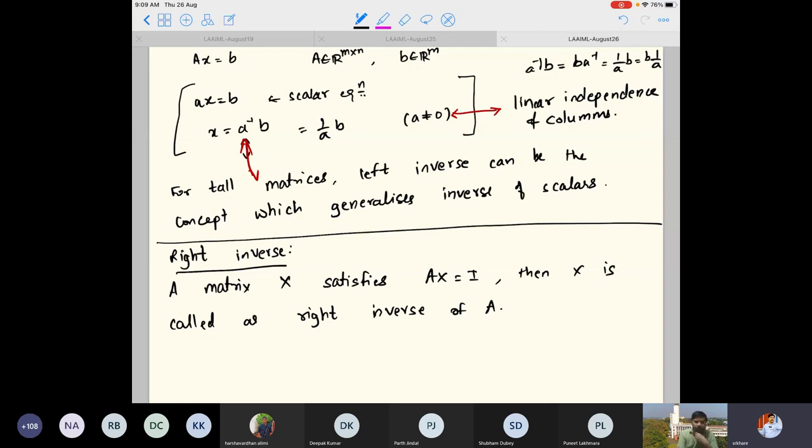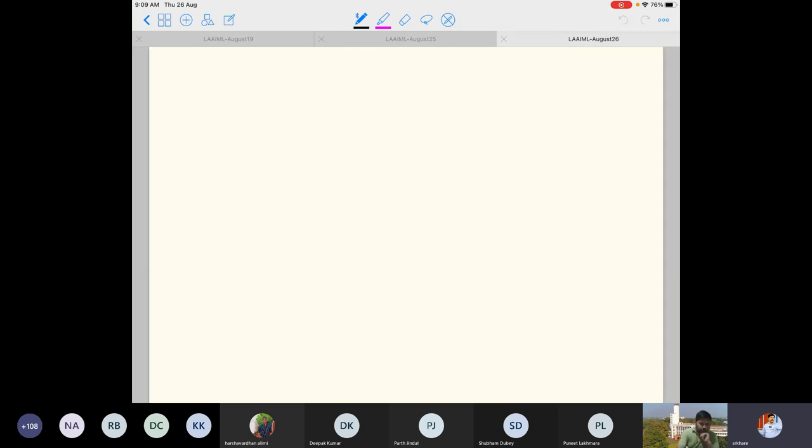So the immediate observation here is, what is the relationship between left and right inverses? Okay, so let A have right inverse B. Then you can write AB is equal to identity. But what does AB equal to identity imply?